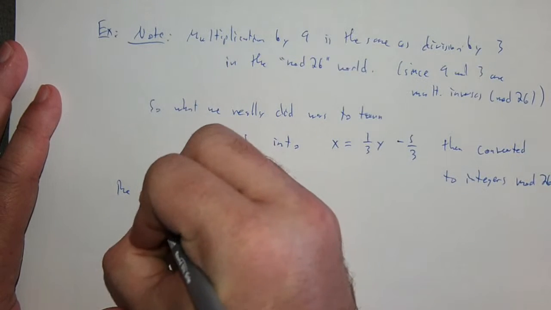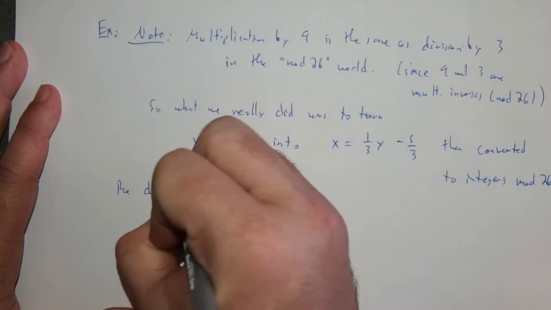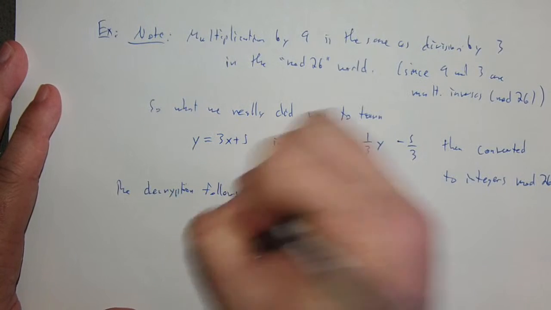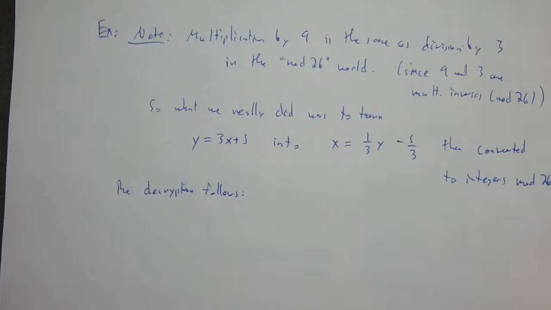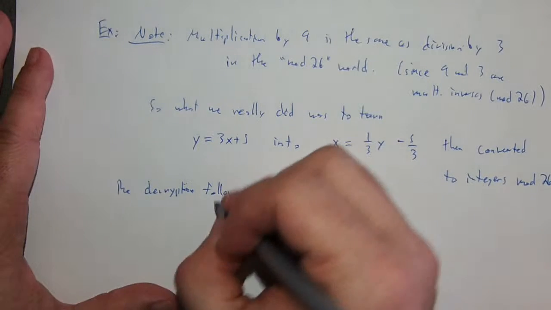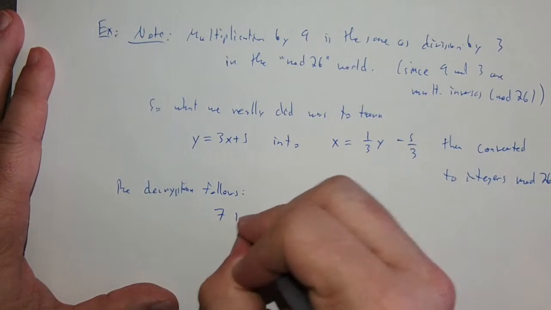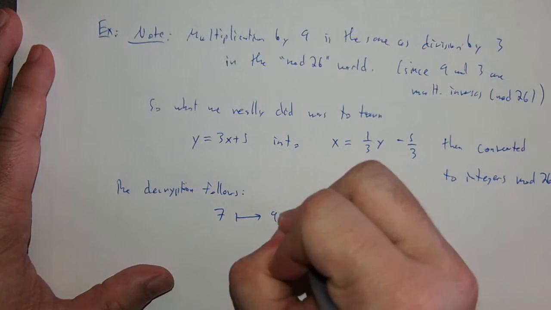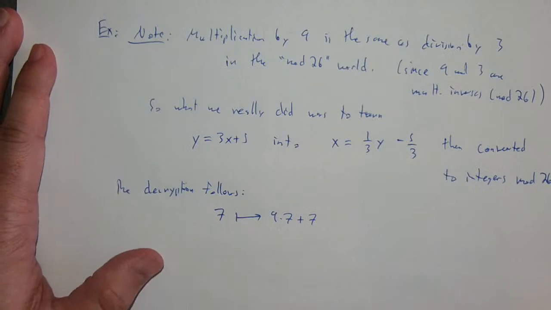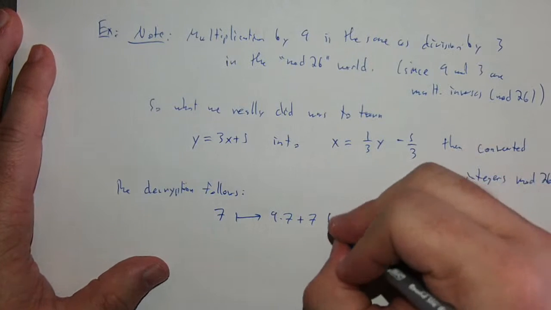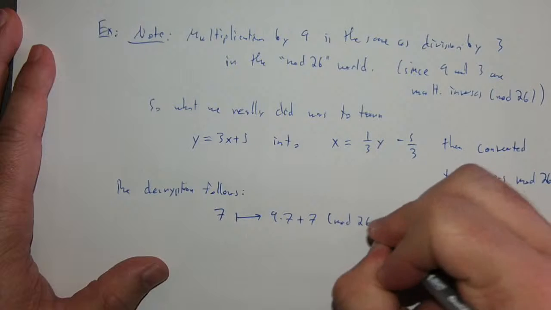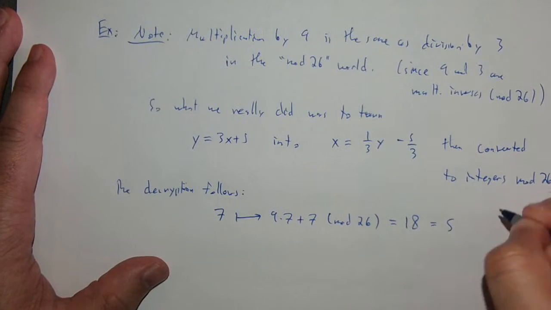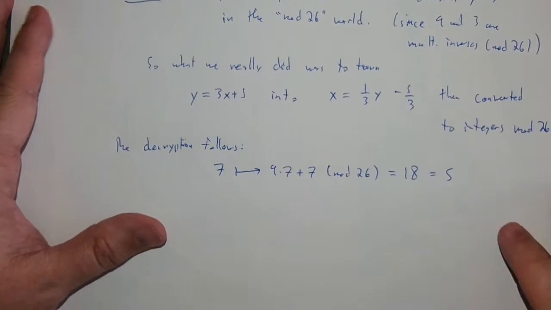Okay, so the decryption is easy now. All right. So 7, which is the letter H, gets mapped to 9 times 7 plus 7. So mod 26, of course, that's 18. But 18 is the letter S in our table.